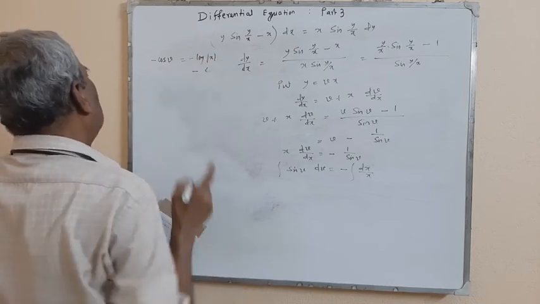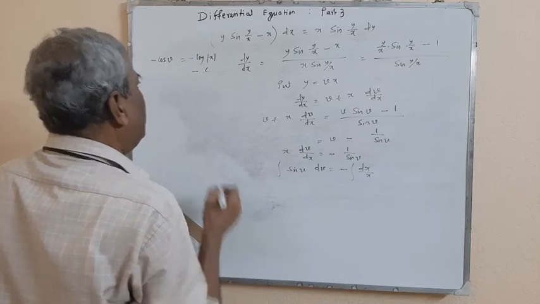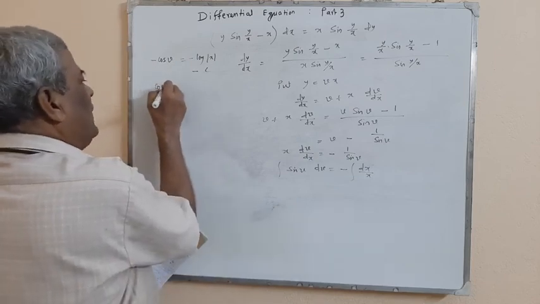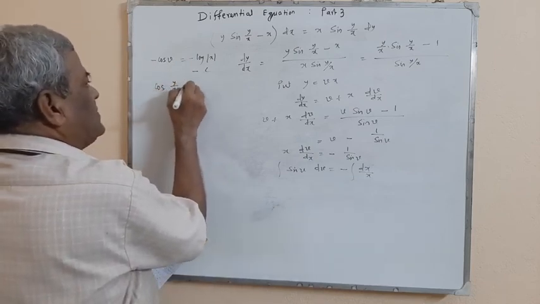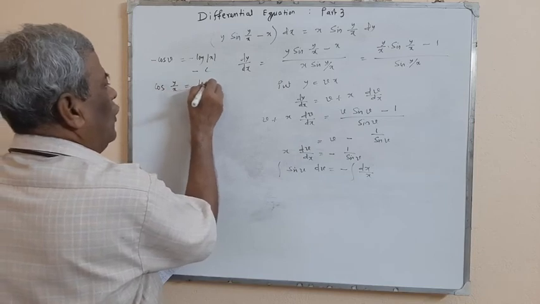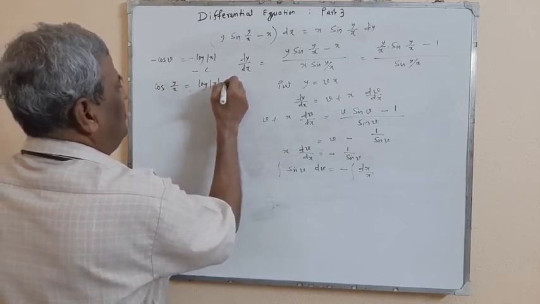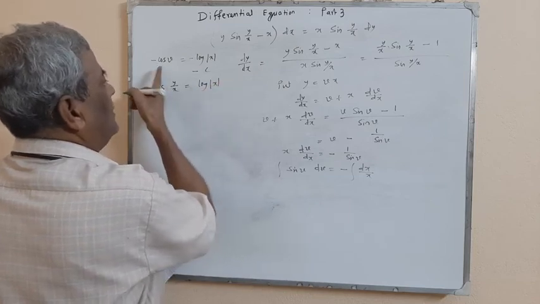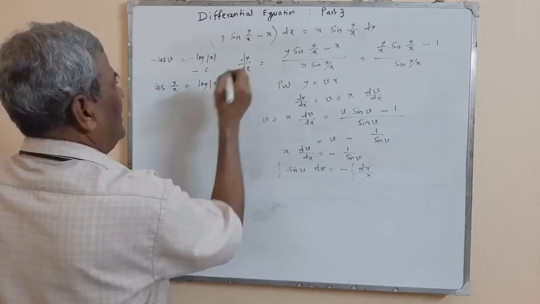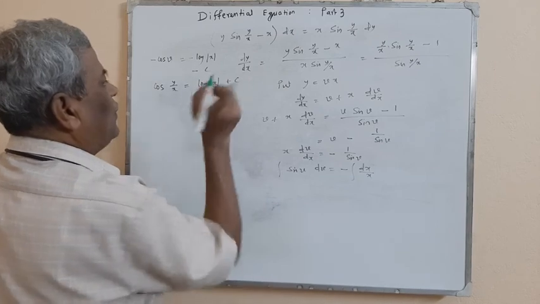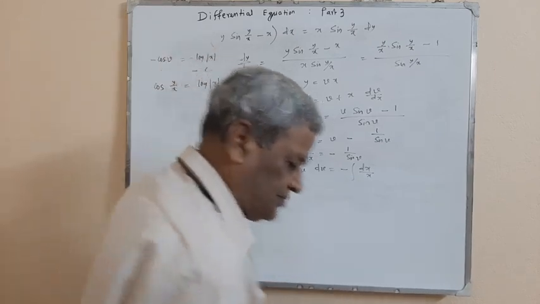So cancelling the negative sign, cos v, which means cos of y by x, is equal to log of x plus c. This is the answer.